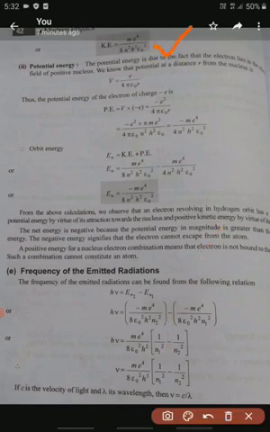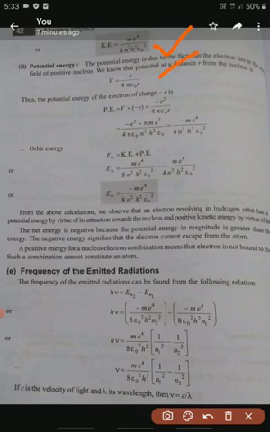Next, potential energy. The electron lies in the field of the positive nucleus, so an attractive force acts between the electron and the nucleus, and due to that force the electron possesses potential energy.